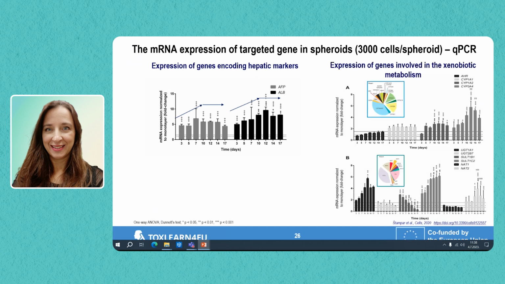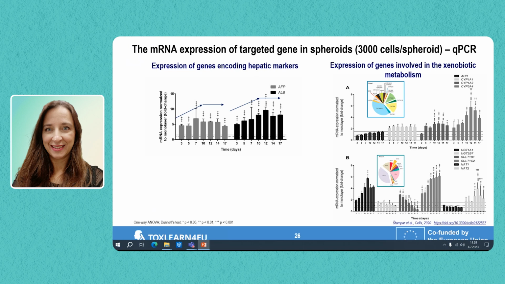Then here it's a lot of data, but it's not meant that you will see all the numbers. Just to get the idea, again, this dotted line is the comparison with the 2D monolayer culture. And here you see the phase 1, those genes that are encoding phase 1 proteins.